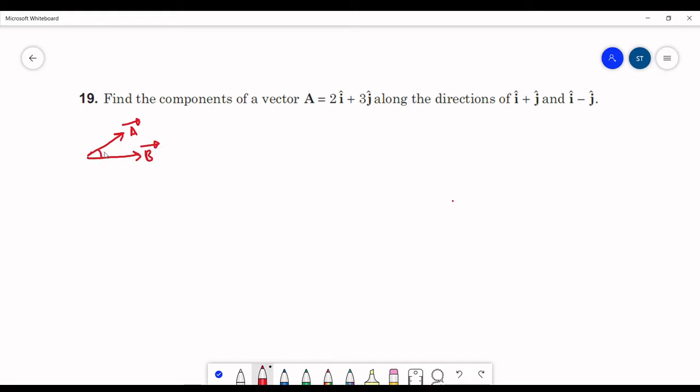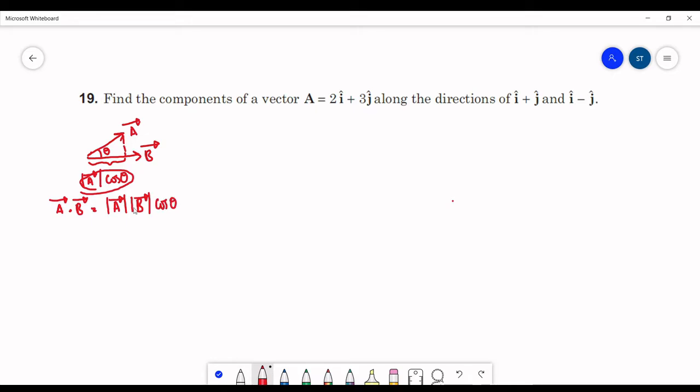If I want the component of a bar along b bar, which is this length, this will be equal to mod a bar into cos theta. This mod a bar into cos theta can be derived from the dot product. If we consider the dot product of the vectors a bar and b bar, that will be equal to modulus of a bar into modulus of b bar into cos theta, where theta is the angle between the vectors a bar and b bar.